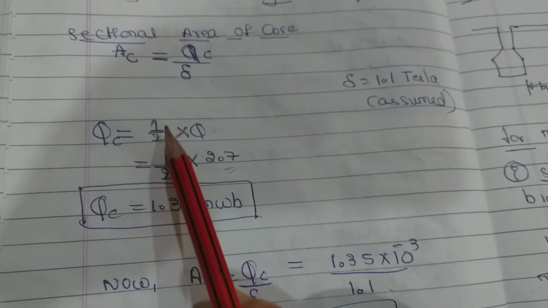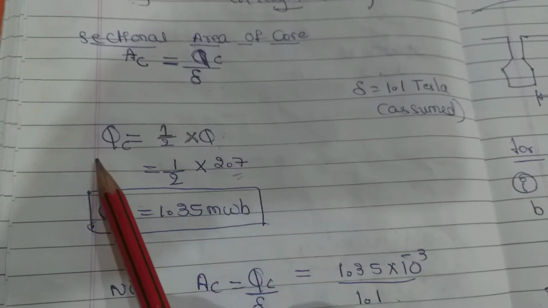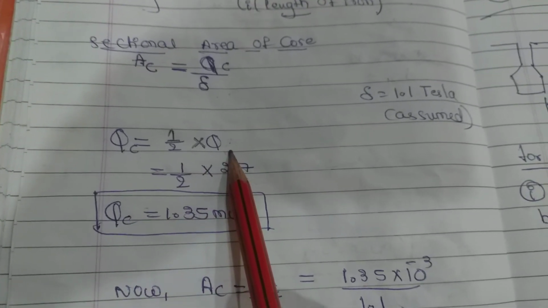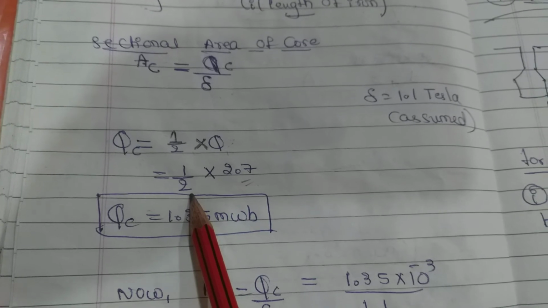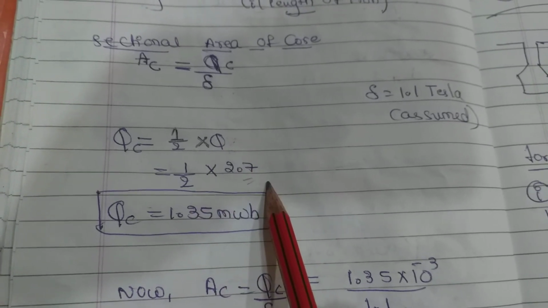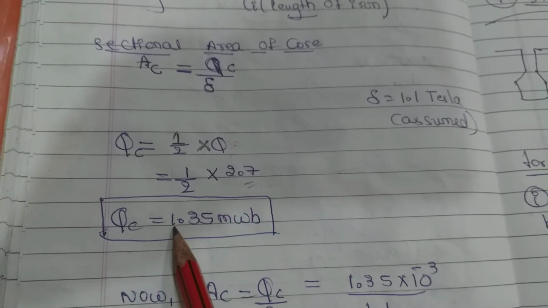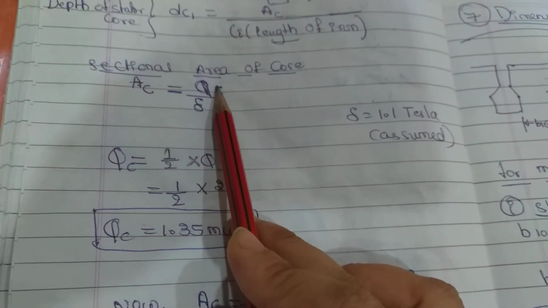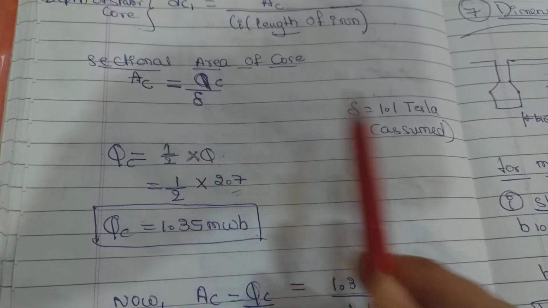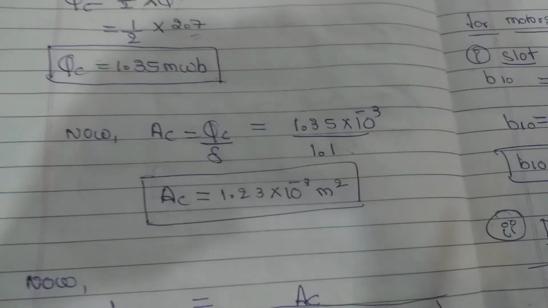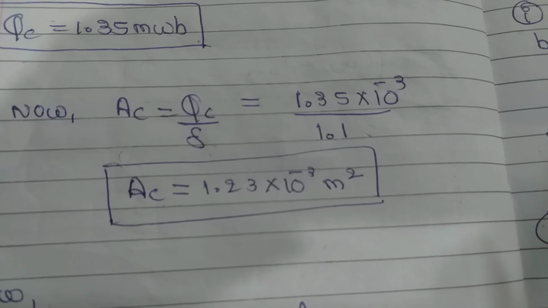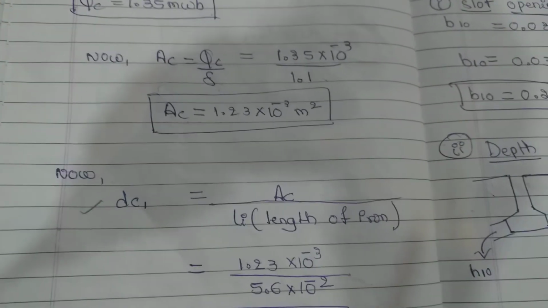Phi C is equal to half of flux per pole, that is flux in the core is equal to 0.5 times the flux per pole, 1 divided by 2, flux per pole is 2.7. So flux in the core section we are getting 1.35 milliweber. Now phi C we have got, we want delta. Delta is assumed as 1.1 Tesla. So AC value we are getting is 1.23 into 10 raised to minus 3 meter square.